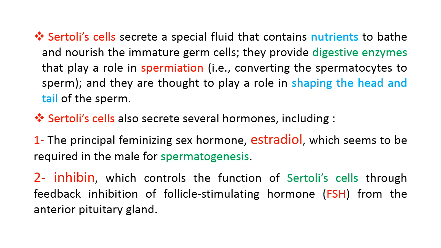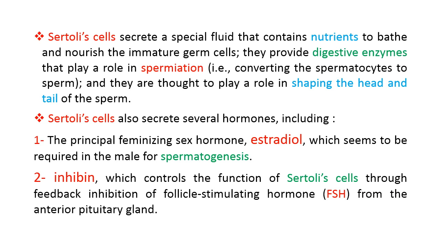Sertoli cells also play an important role in the secretion of several hormones. The first is estradiol, the principal feminizing sex hormone, which seems to be required in the male for spermatogenesis.